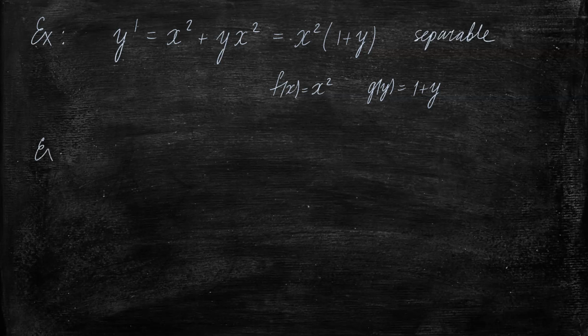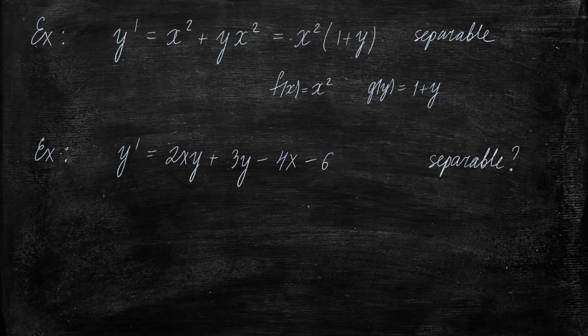Now let's try this example. We have y prime equals 2xy plus 3y minus 4x minus 6. And the question is, is this separable or not? And the answer is actually yes. Why?